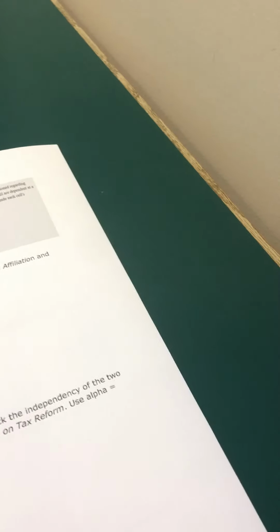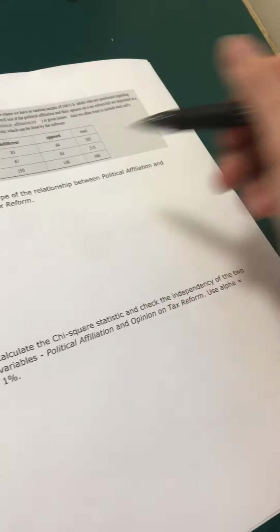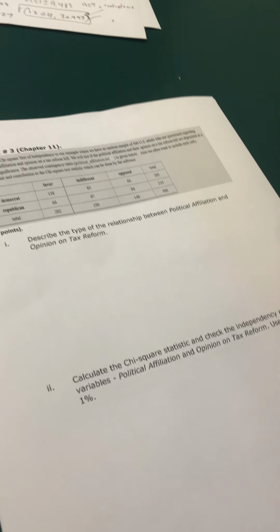Alright, moving on to question number 3, which gets a bit more complicated. First thing we do here is describe the relationship between political affiliation and opinion on tax reform.